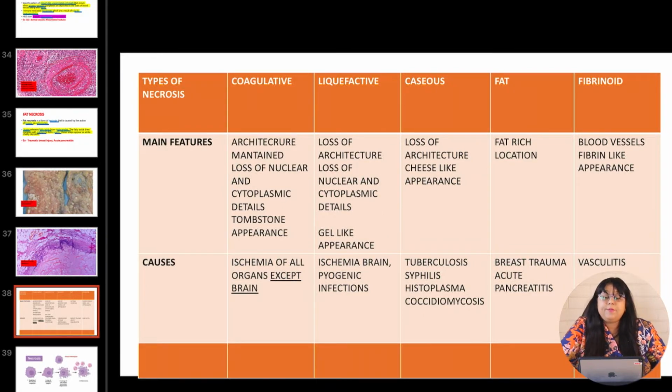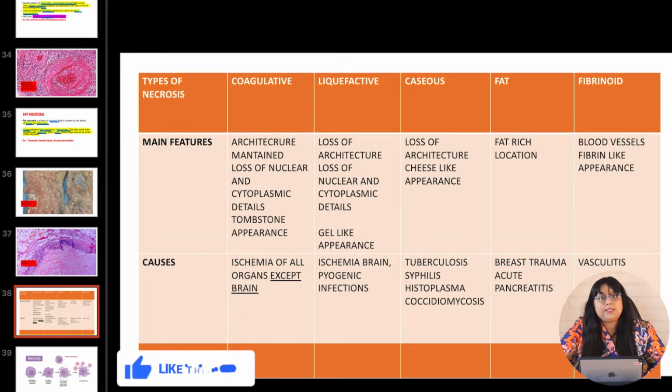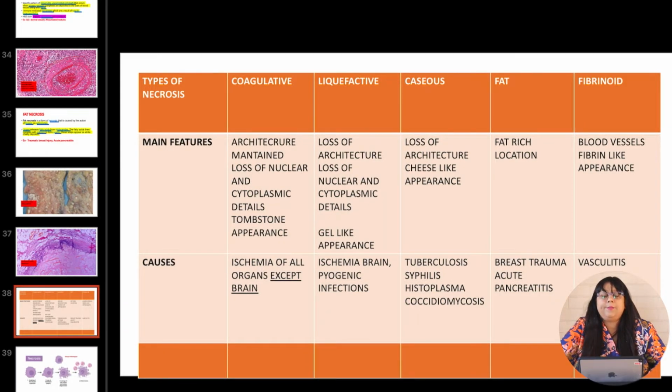Fibrinoid necrosis, as I have told you, is mainly seen in cases of vasculitis, and in vasculitis you can see brightly eosinophilic ribbon-like or fibrin-like appearance in the vessel wall.